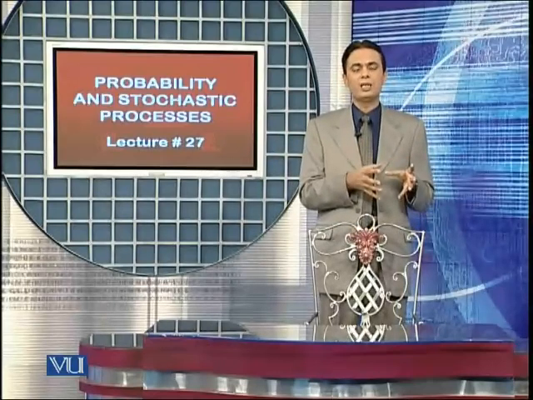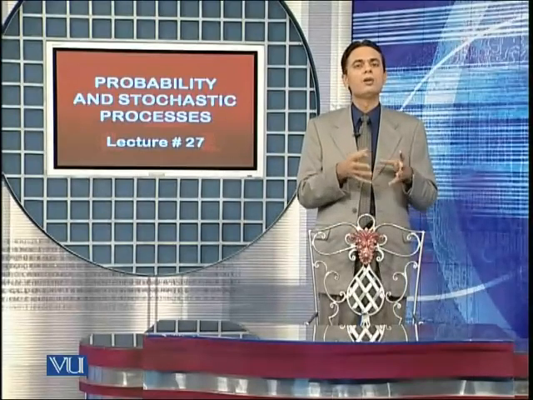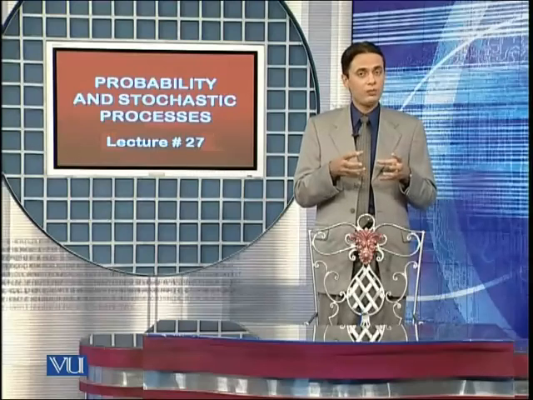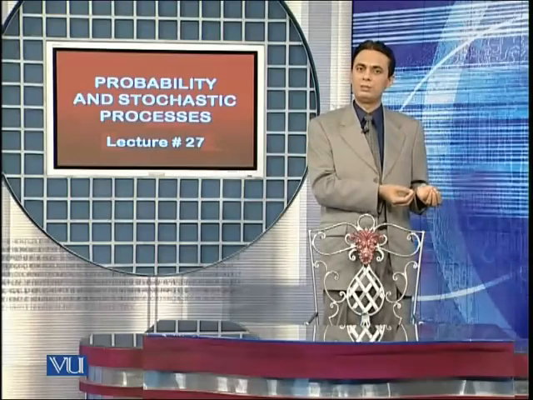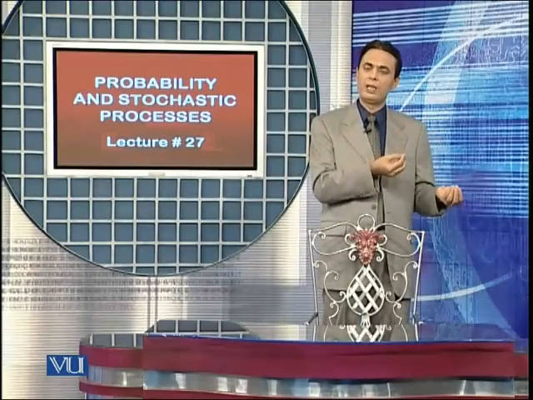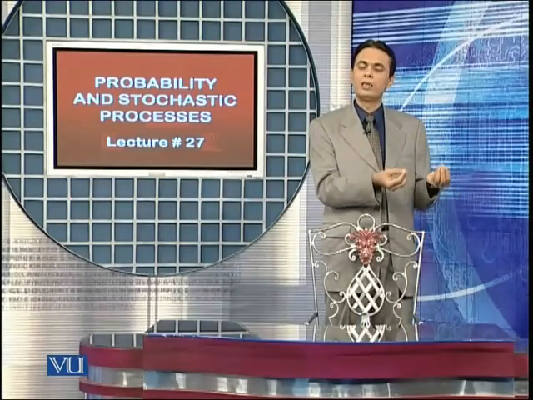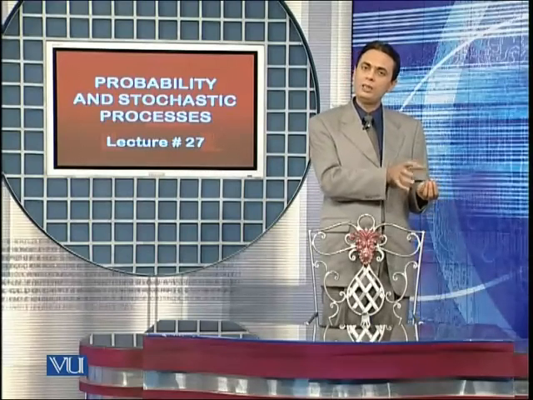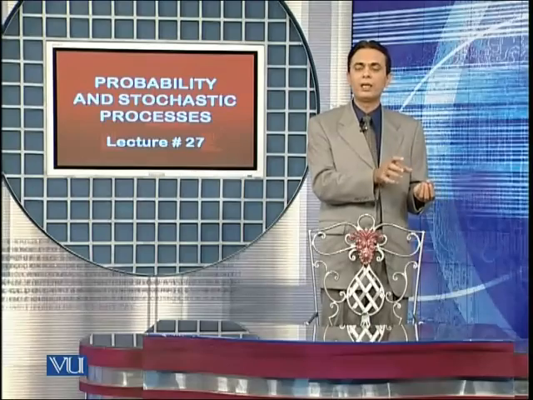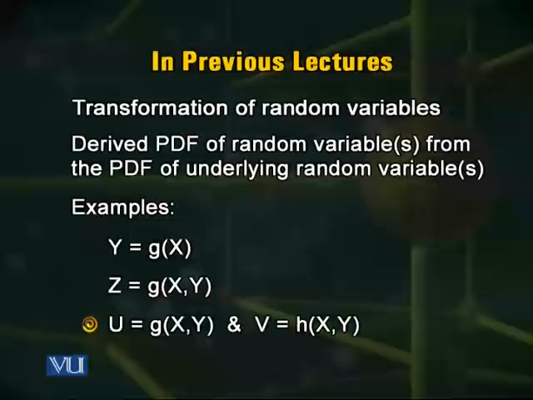And the third case we discussed was where we found two new random variables from two underlying random variables. There was random variable x and random variable y directly observed from the random experiment. We combined these two through a transformation g to get a random variable u. Then we combined the two values through a transformation h and got another value v.